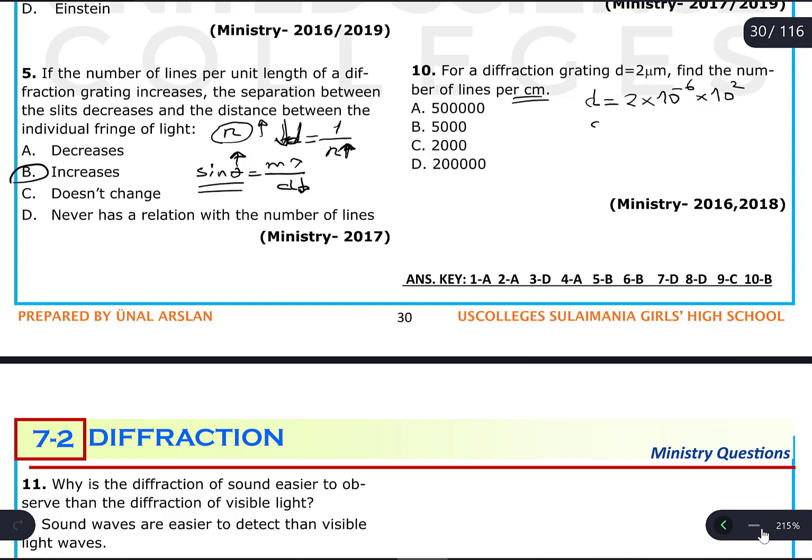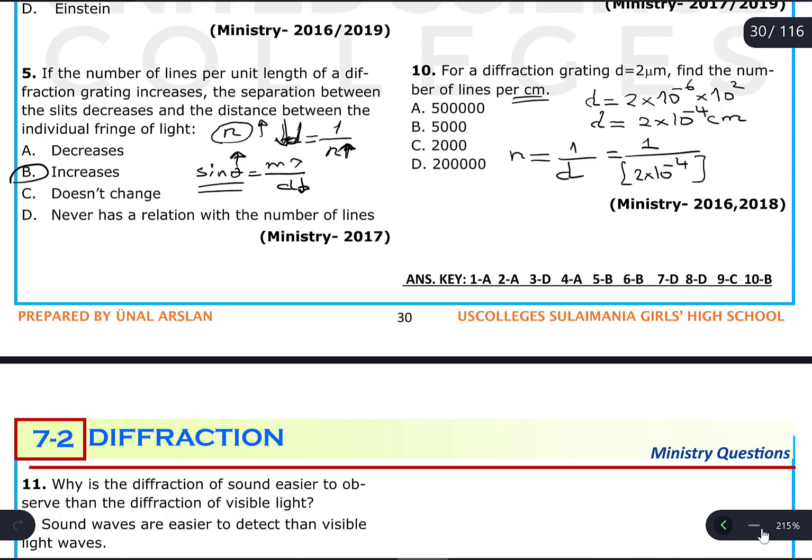So d is going to be, in this case, 2 times 10 to the power of negative 4 centimeter. And now the number of lines per centimeter, n, is equal to 1 over d. So 1 over d is 1 over 2 times 10 to the power of negative 4.